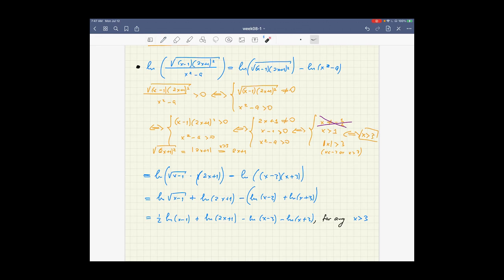Again, the left-hand side exists if and only if x is greater than 3. Under this restriction, we can safely drop all absolute values because x greater than 3 implies all these expressions are positive.